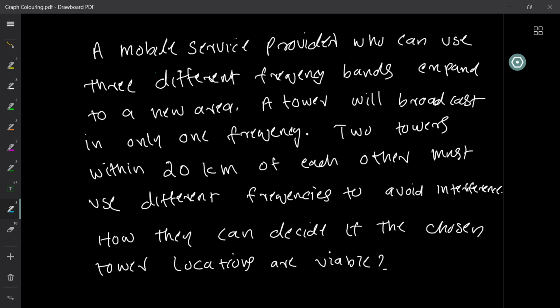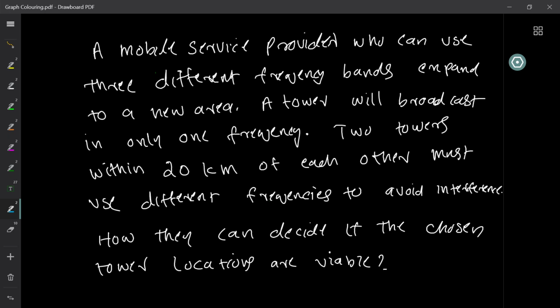And then the question is how many different bandwidths, or how many different frequency ranges, they need to purchase with some constraint. For example, let us say that one company has already three different frequency bands available, and they want to expand into a new area.